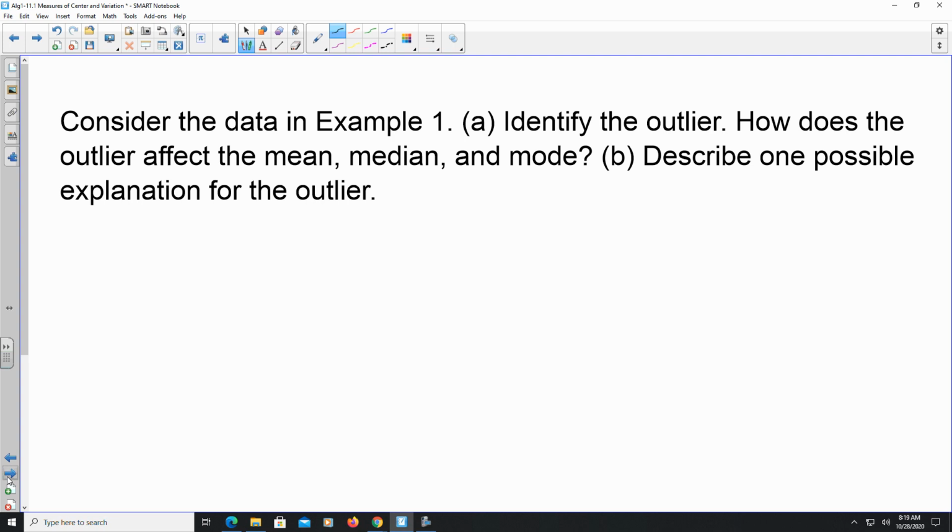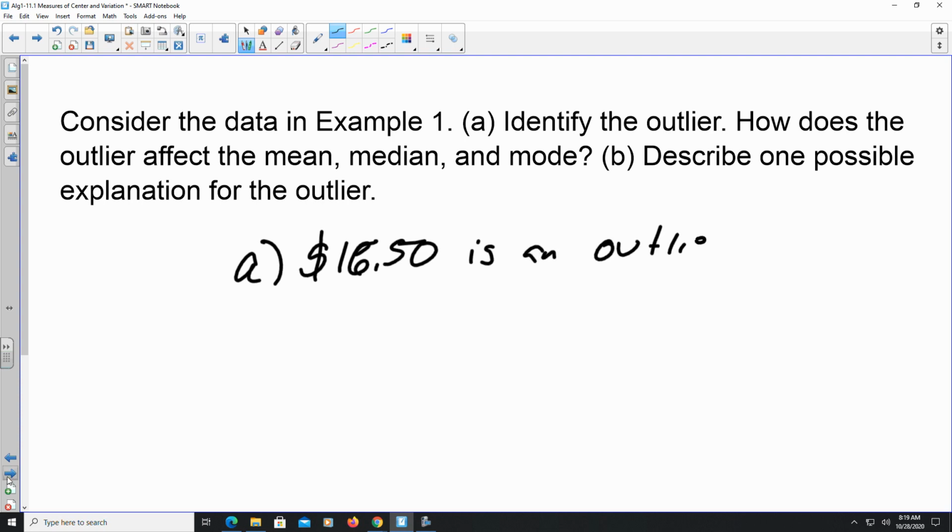For this situation, we could say that the student that gets paid $16.50 is an outlier. It really will skew the mean. So I would say it affects the mean the most.